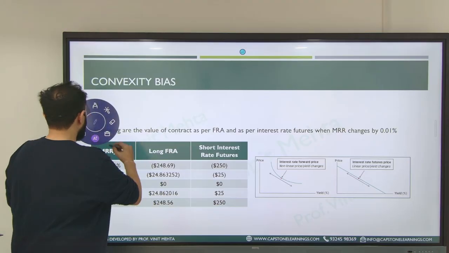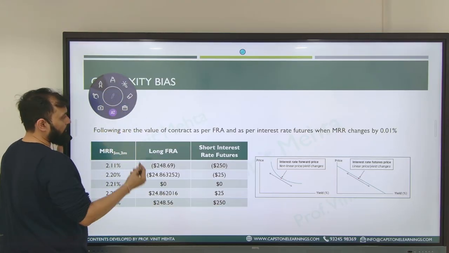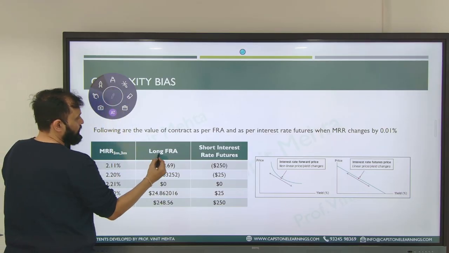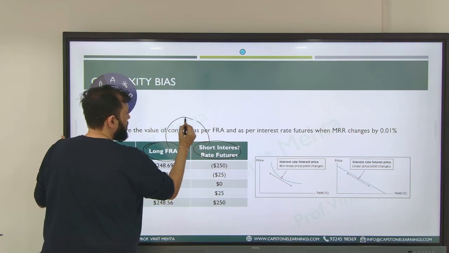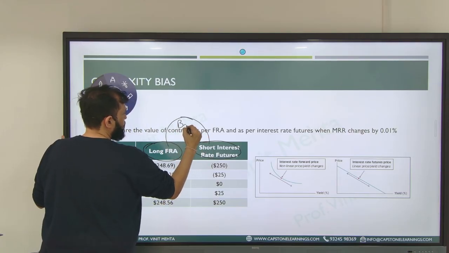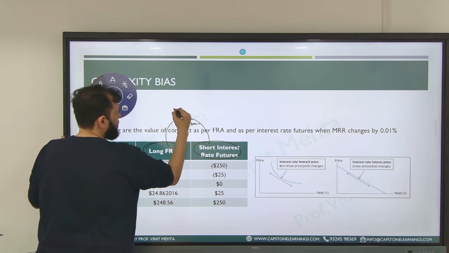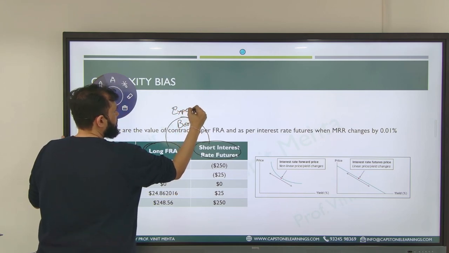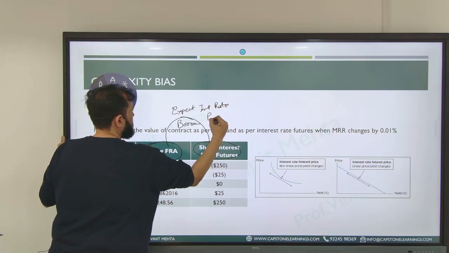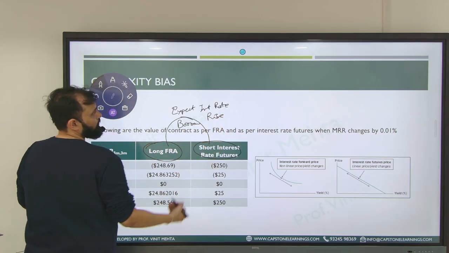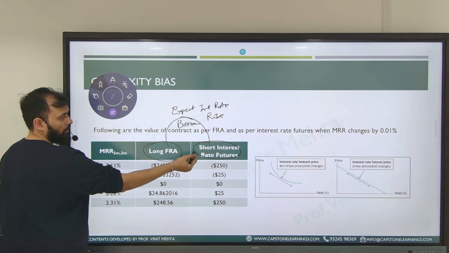Over here, when I'm comparing interest rate futures and FRA, first of all, take note that long FRA and short interest rate futures, both of these people are nothing but the borrower. They both are expecting the interest rate in future to rise. So anybody who's expecting the interest rate in future to rise will either go long FRA or short interest rate futures.